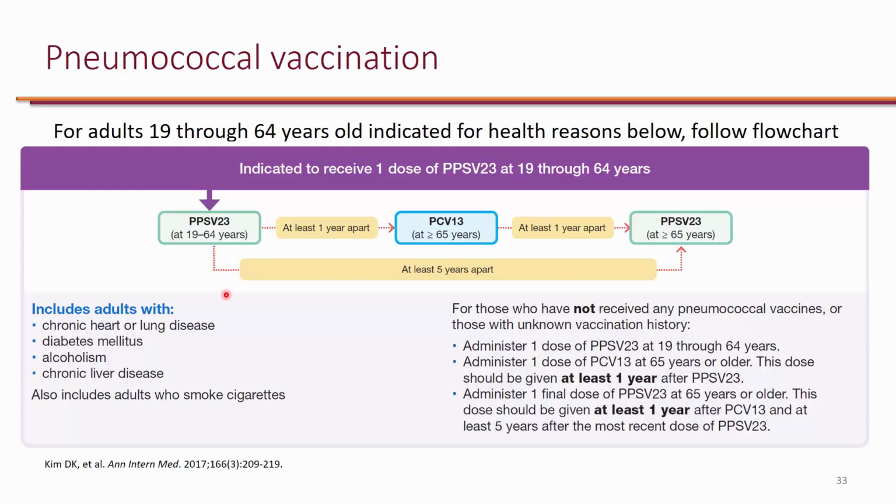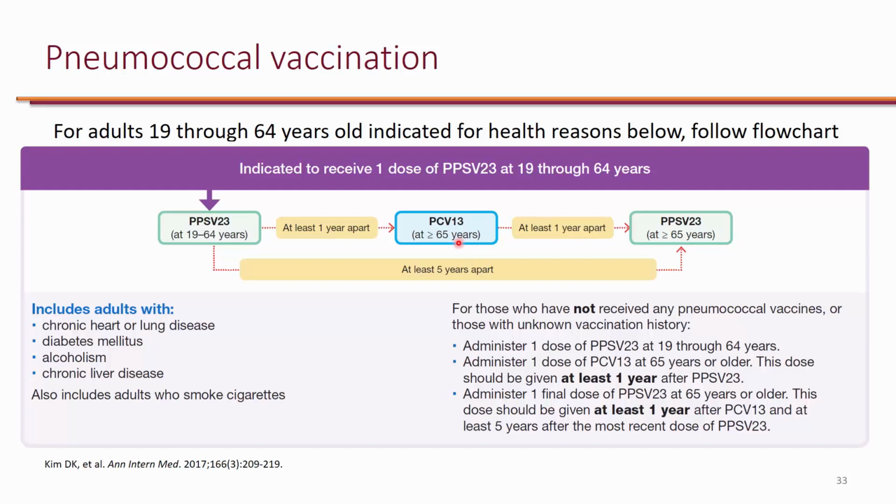Now, once these patients turn 65, regardless of whether they have risk factors or not, everybody needs to get a dose of PCV 13 followed by a dose of PPSV 23. Because PCV 13 is a better vaccine because of high immunogenicity, you give PCV 13 first.